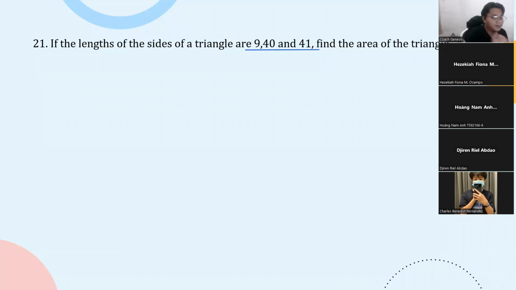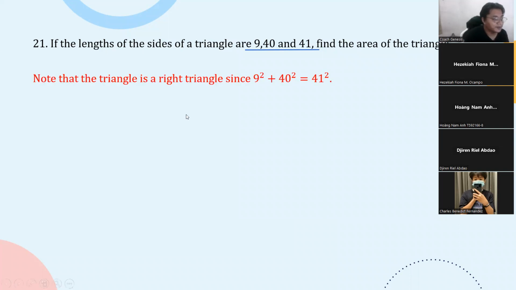If you are familiar with many Pythagorean triples, let's say for example number 21. If I don't know that 9, 40, and 41 is a Pythagorean triple, then what will I do? I will use Heron's formula to get the area, right? You just get the semi-perimeter and then you substitute it to the formula.